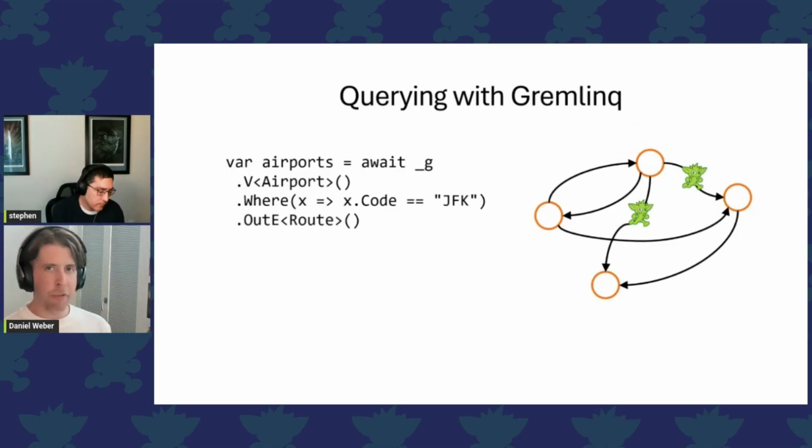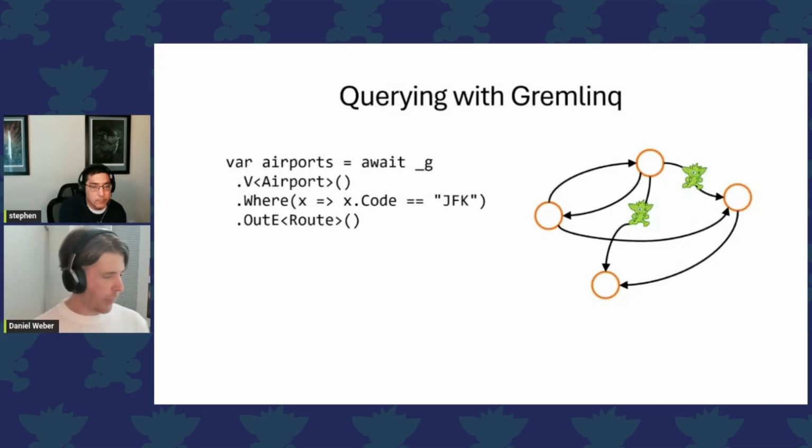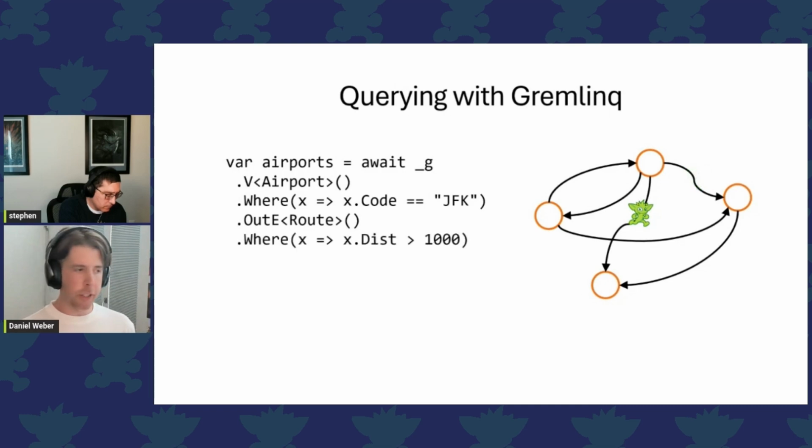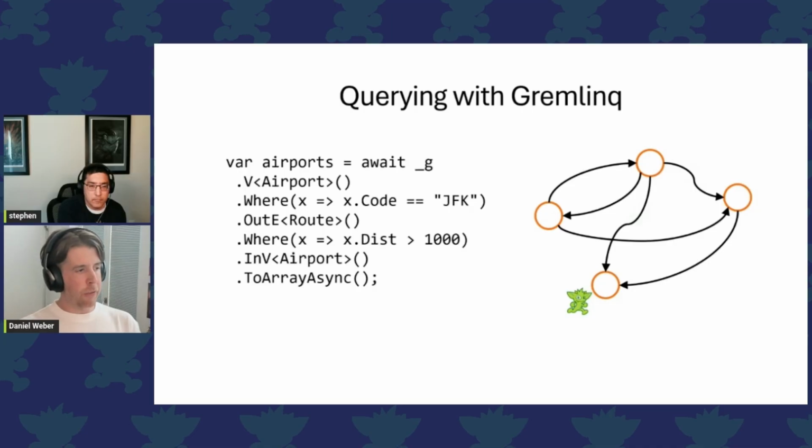And same for the Route class. It's a class in your set of domain classes. Again, you can filter because the Route class has a property called Dist. And you can go InV, again filtering on those nodes that are airports.